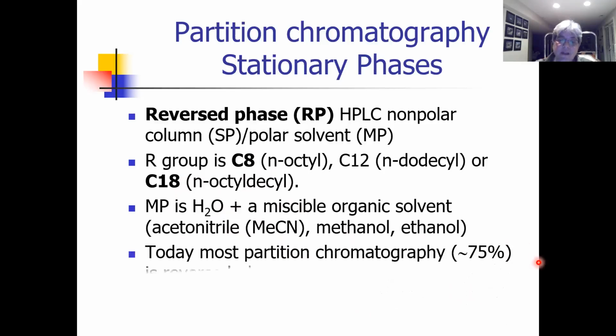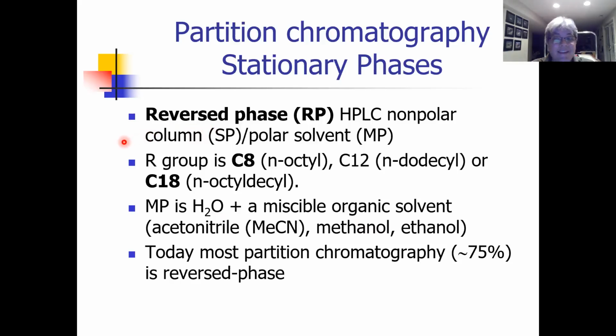Okay, now today, almost 75% of chromatography is reversed phase. Okay, so reversed phase is more common than normal phase. Now that sounds kind of strange. You know, if I say something's normal, we think, oh, that's most common, most typical. But I just said reverse phase is more common. Well, why is the other one normal?